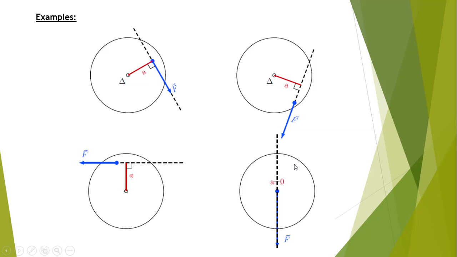In this case also, the lever arm is the perpendicular issued from O, the axis of rotation, to the line of action of the force. In this case, we note that if a force F has a line of action that cuts the axis of rotation, the distance between the line of action and the axis of rotation is equal to 0, so the lever arm A is null.